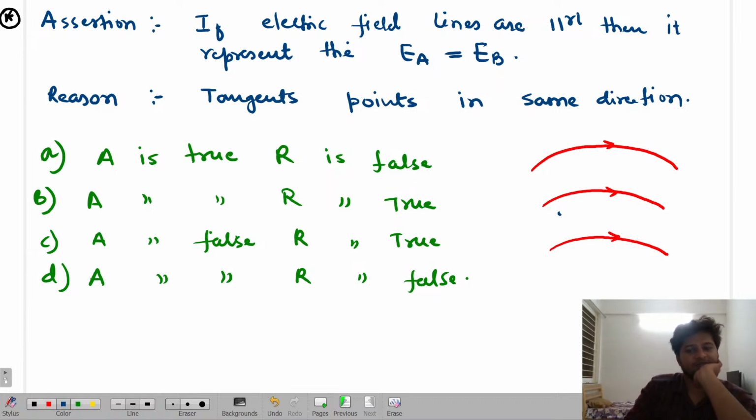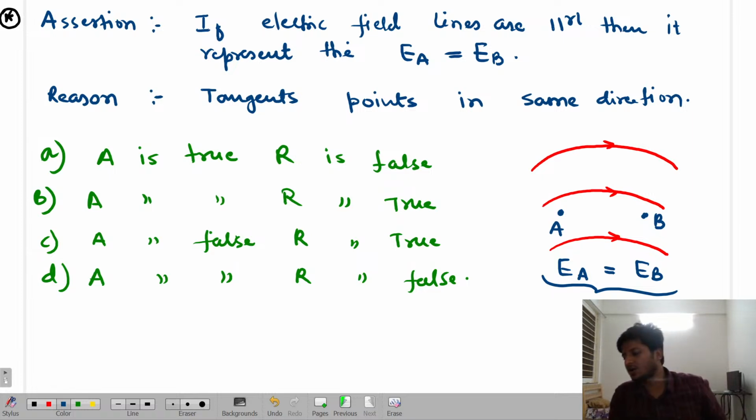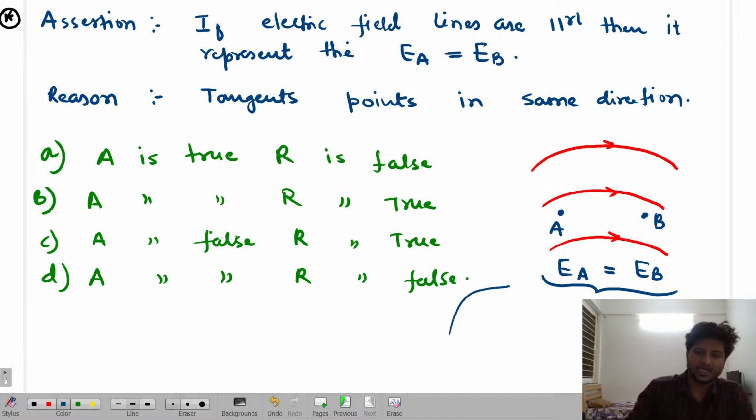And then if I try to find out between A and B, you will find that electric field at A is similar to electric field at B, although the field lines are non-parallel, because they always have a constant gap between them.